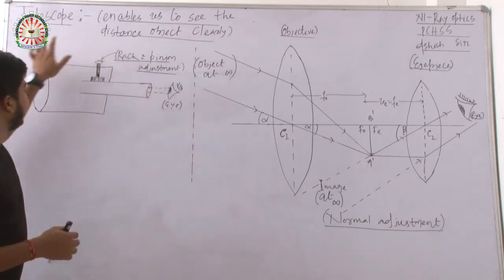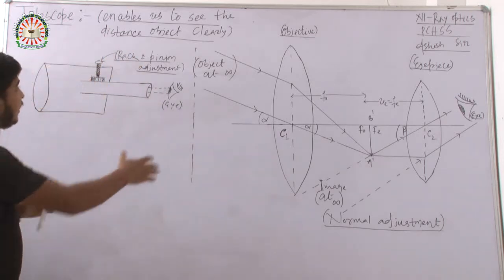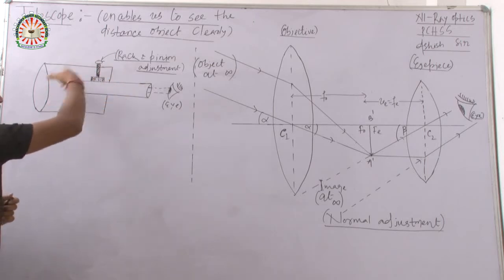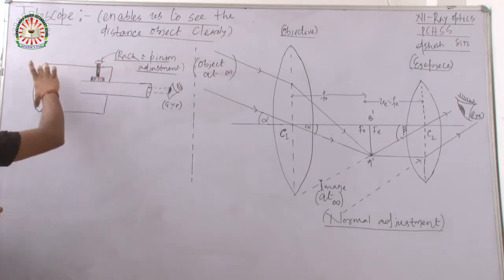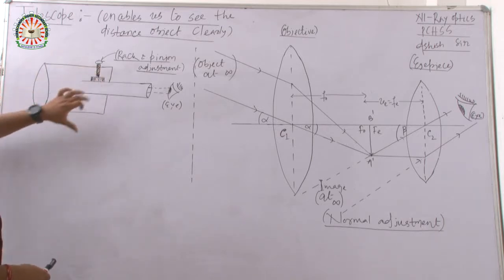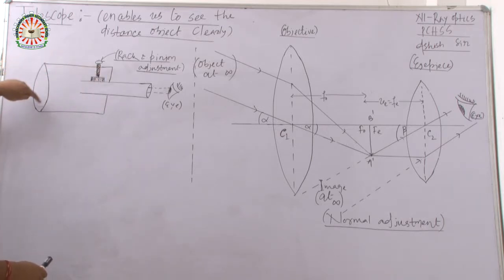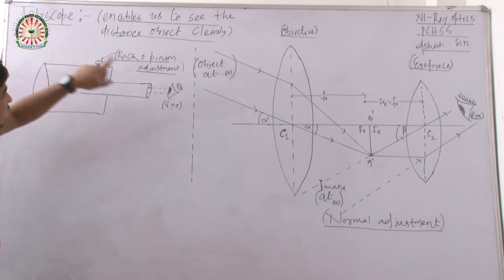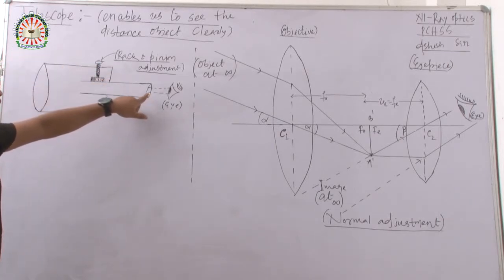Here I have drawn a figure of a telescope. Look at this figure. This is a tube. These are two metal tubes, and on one metal tube a large convex lens is fitted, and another lens is fitted here.